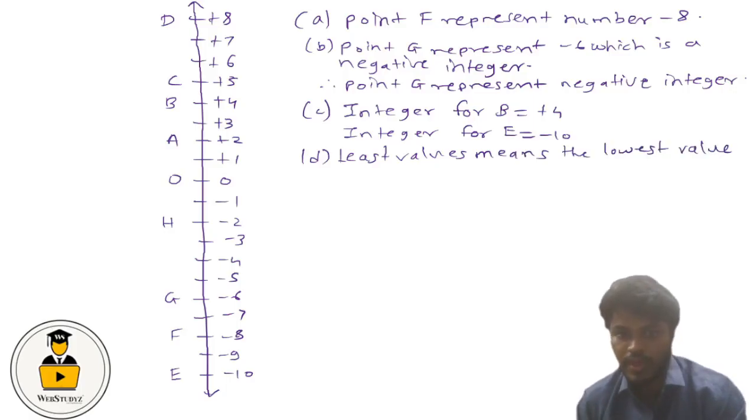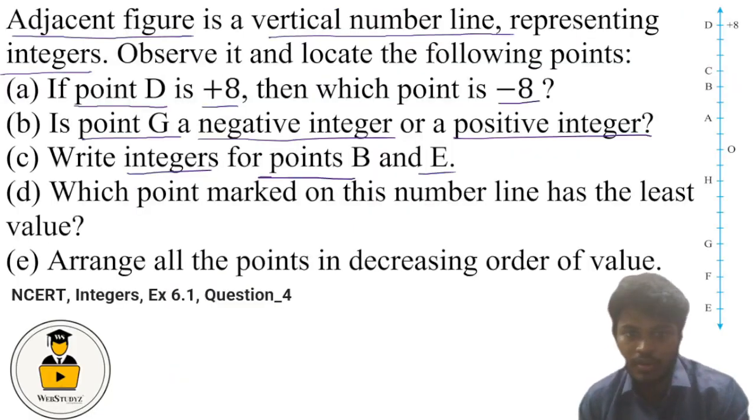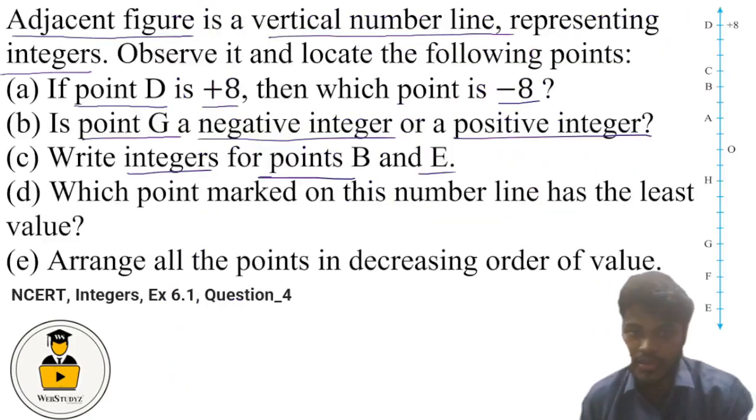From the number line, we can say that minus 10 is the lowest value on the number line, and it is represented by point E. So therefore we can say that point E has the least value.